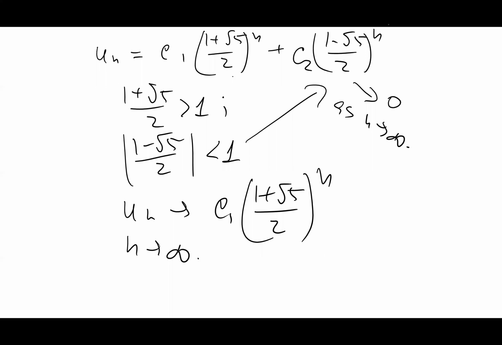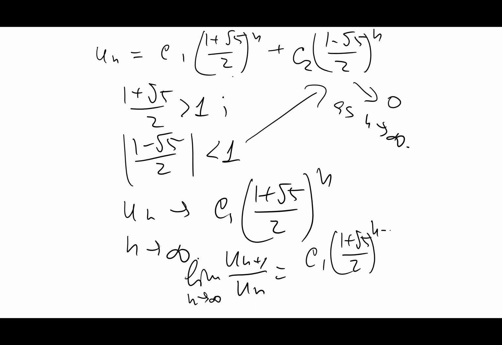And the second observation is about the ratio of un plus 1 to un. So let's put it like this: the limit of un plus 1 over un when n tends to infinity will be equal to c1 times 1 plus square root of 5 over 2 to the power of n plus 1, over c1 times 1 plus square root of 5 over 2 to the power of n, and this equals 1 plus square root of 5 over 2.